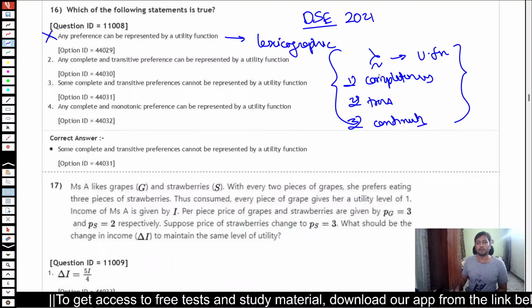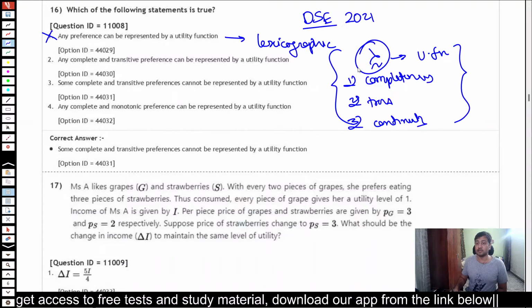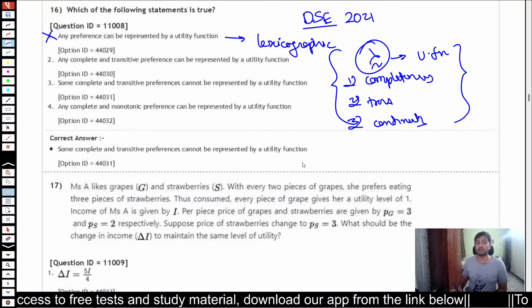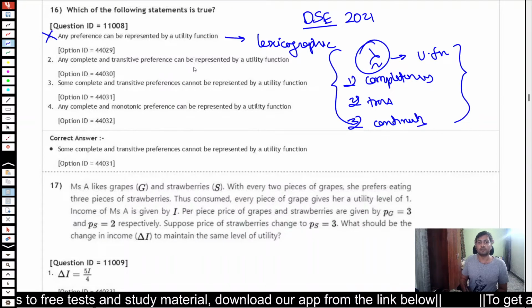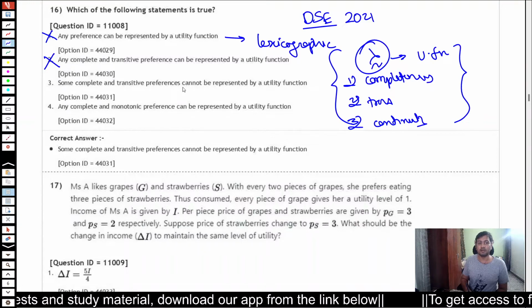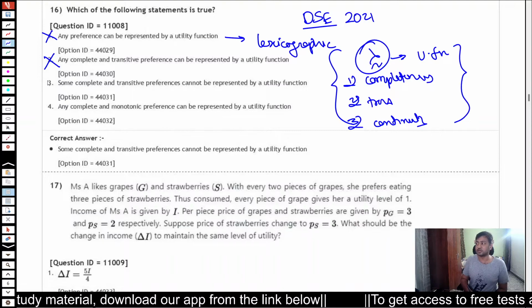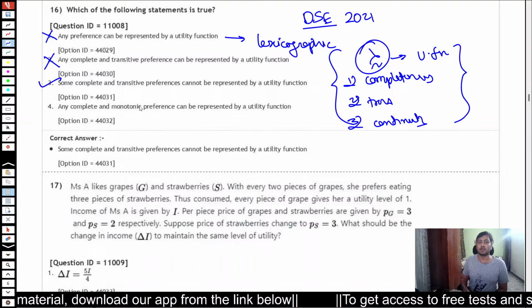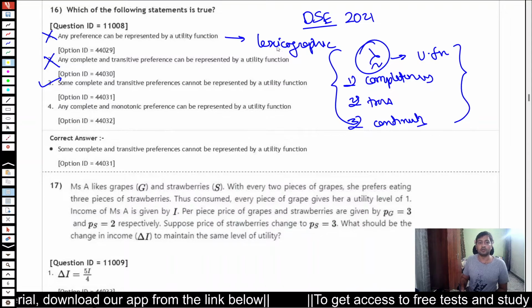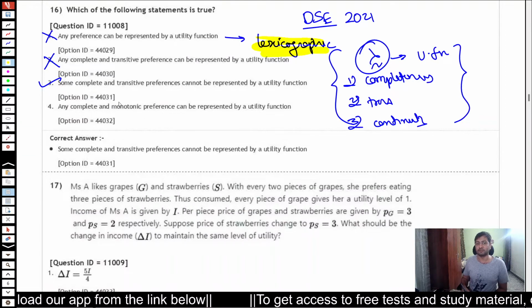Now coming back to this problem, these are the three properties that any preference needs to obey in order to be represented as a utility function. So complete and transitive preference, no. Some complete and transitive preferences cannot be represented by a utility function. Now this is correct, and as I told you, lexicographic preferences are an example of this class of preferences.